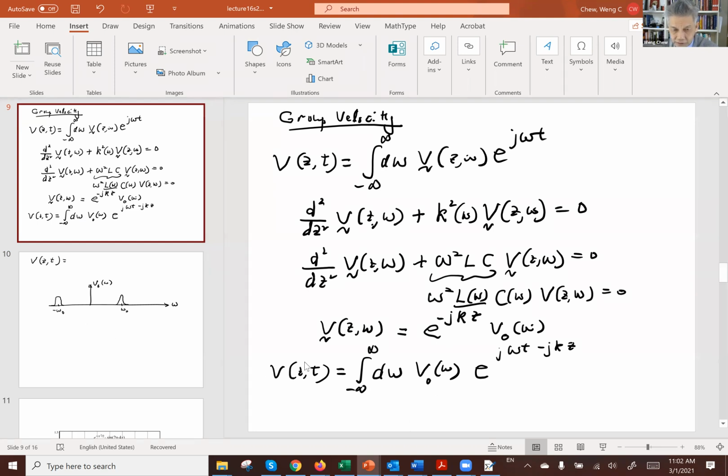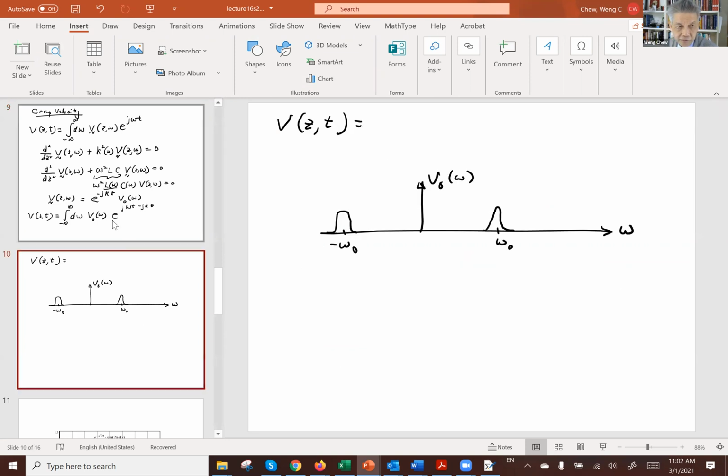In order for this to be real, on the left-hand side, signal processing says that V0 of omega has to have a conjugate image like this. Okay, and furthermore, you can fold this. I can carefully fold this for you.